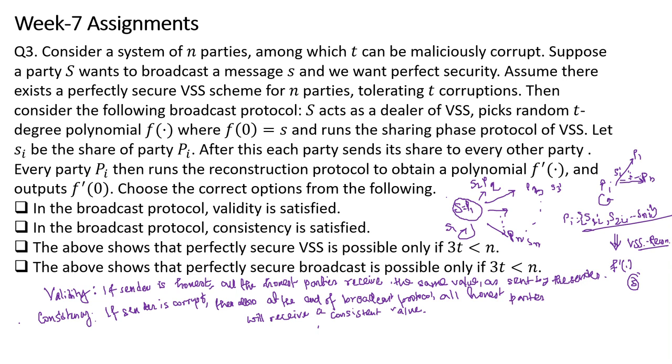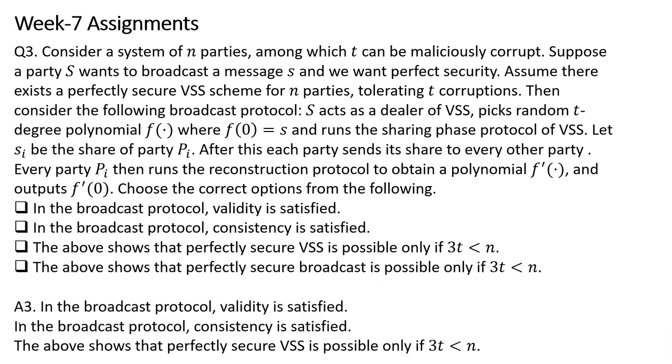That implies that perfectly secure VSS is possible only if 3t is less than n. So the third option is also correct. The fourth option is not correct because it is just the inverse direction of the statement that we are saying. So the first three options are correct.